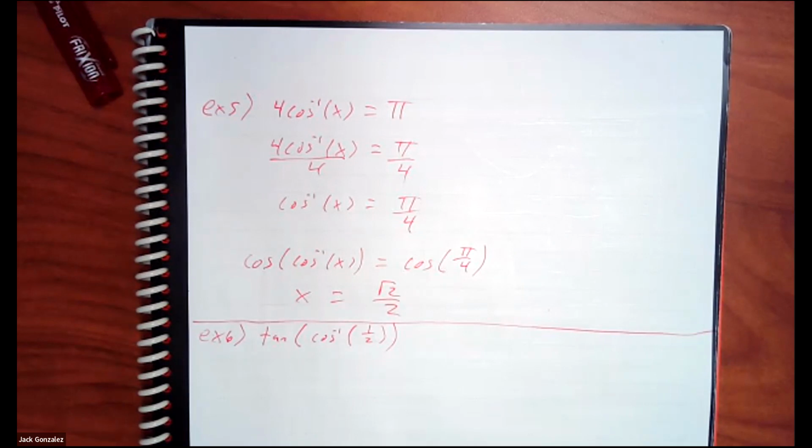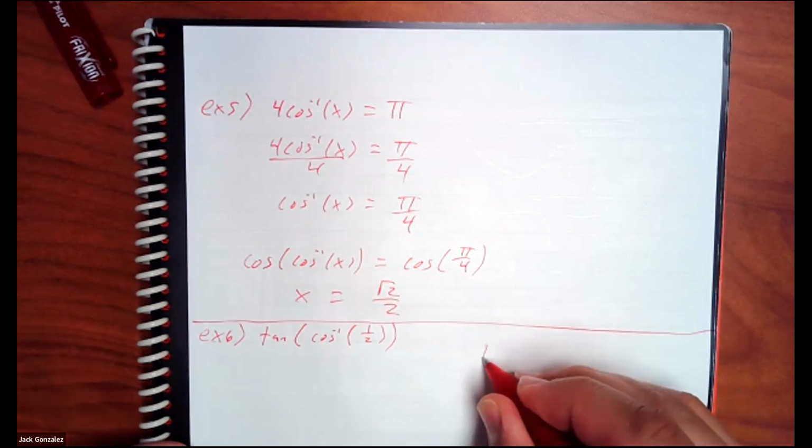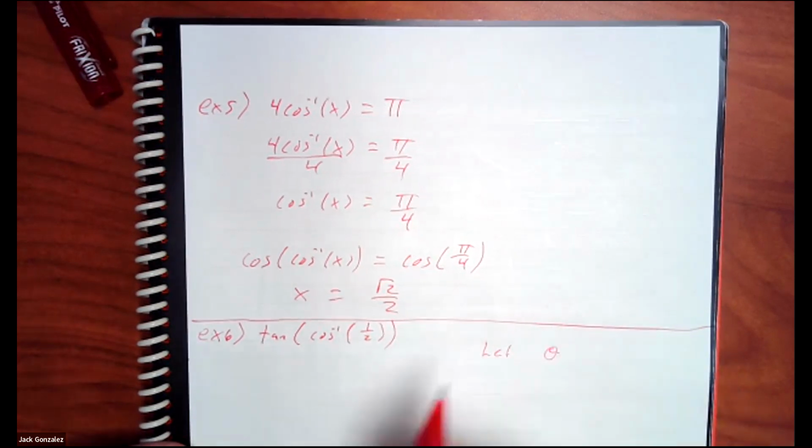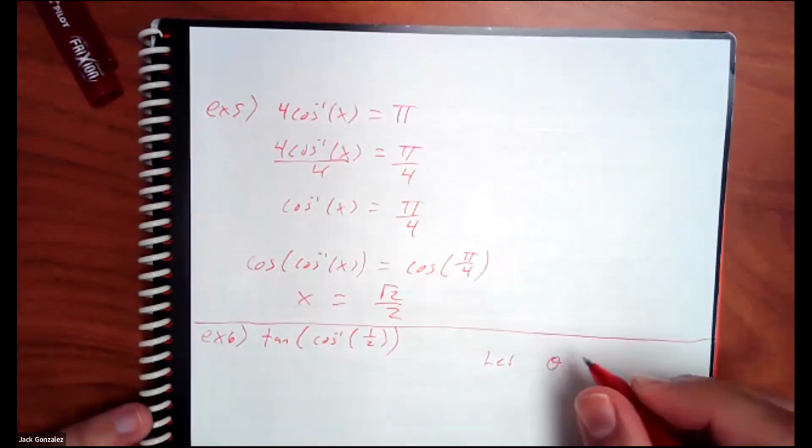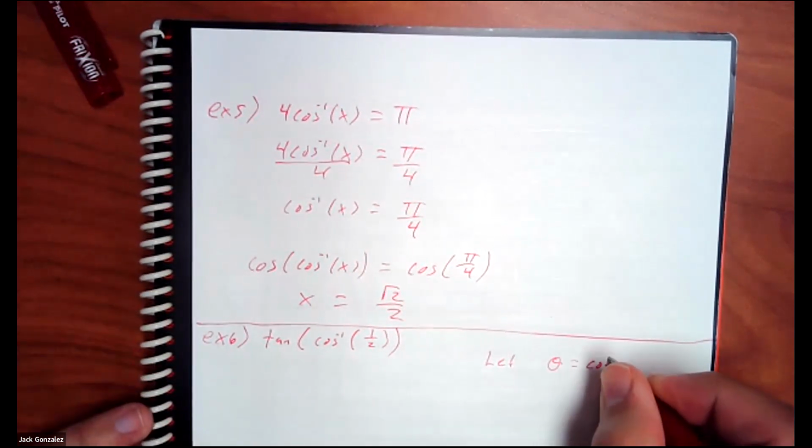So in this next one, you basically have to draw a triangle based on the information you're given. So you want to find tangent given the information in here. Okay. So what you do is say, let theta be the inside, because this is technically some angle.